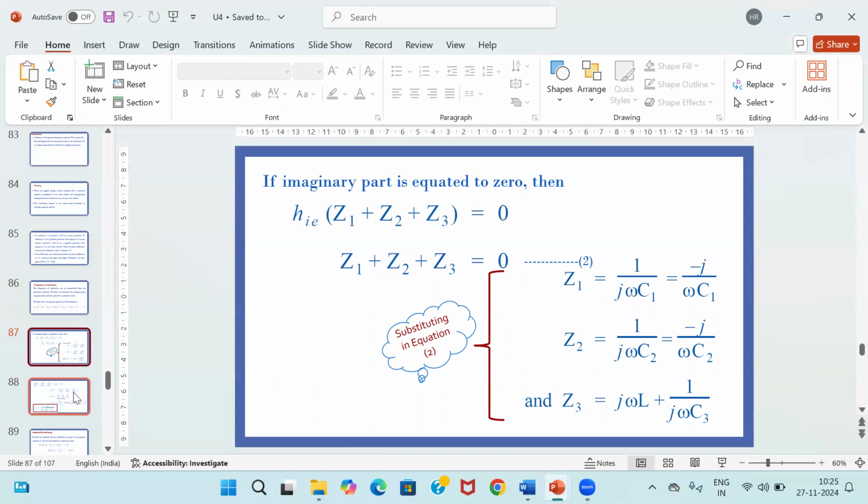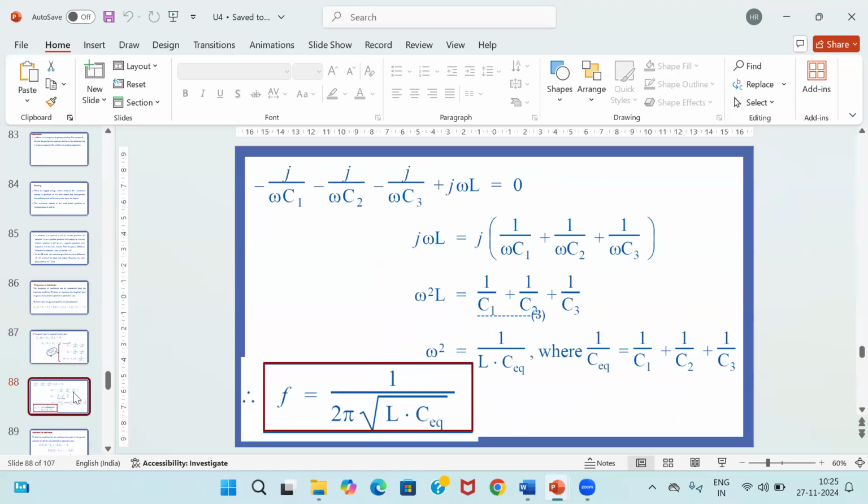Z3 is the series combination. We substitute the Z1, Z2 and Z3 values in this equation, and after simplification you get omega square equal to 1 by L times C equivalent. What is that C equivalent? It is 1 by C1 plus 1 by C2 plus 1 by C3.